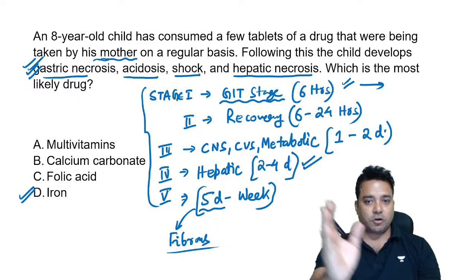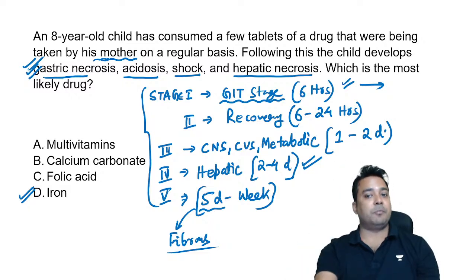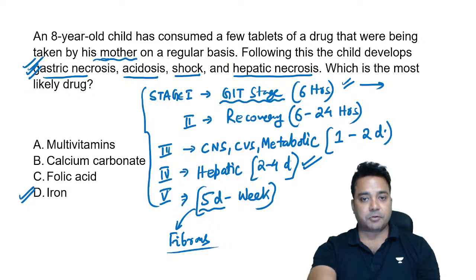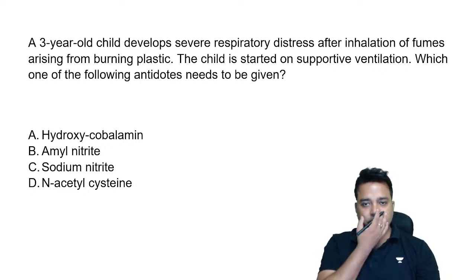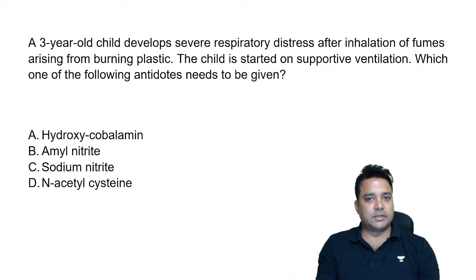The stages, along with the system involved and the time duration, need to be remembered. A repeat question, answer this one. A 3-year-old child develops severe respiratory distress after burning plastic; this is what we have covered in our classes, all the important poisons.